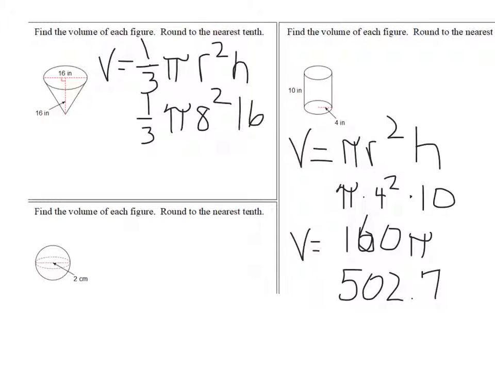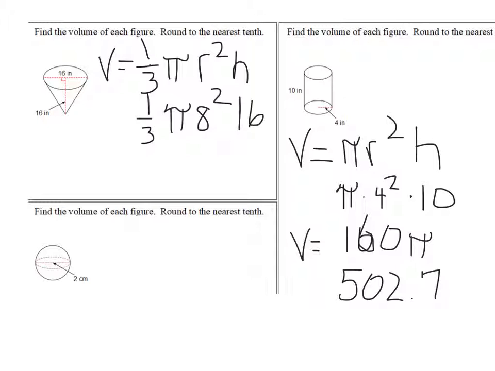I need to do the 1/3 times pi times 8 squared, which is 64, times the 16. And accurately, we would say the answer is 1,024 thirds times pi.